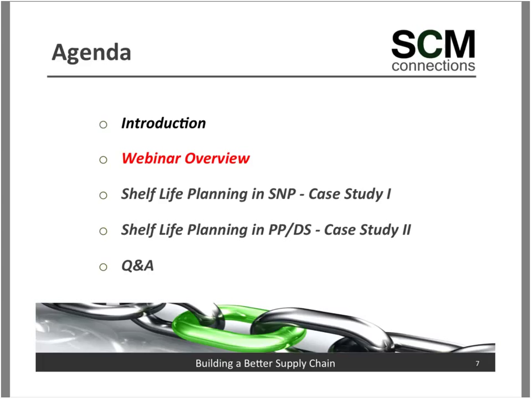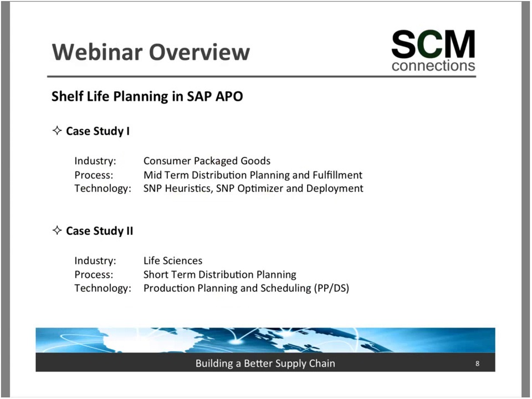So as far as an overview of what we're going to talk through today, most of you, well, I guess some of you must be familiar with some of the limitations that exist, both within S&P and PPDS in how to manage shelf life.